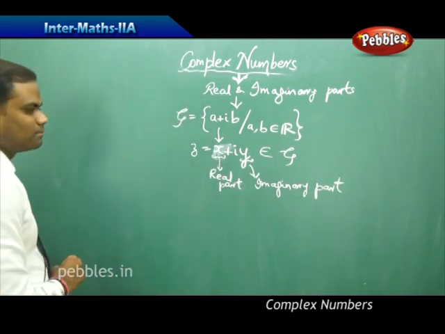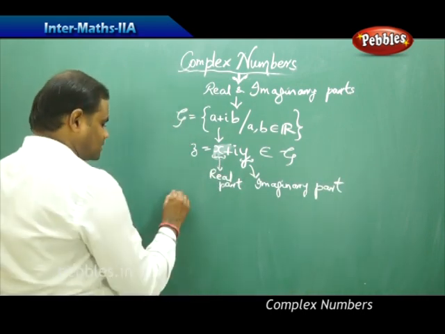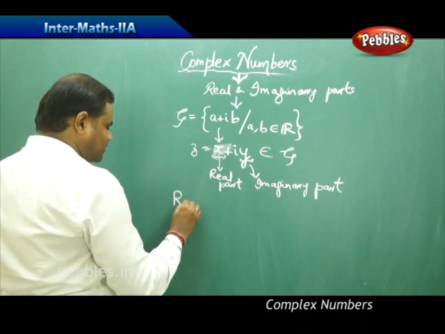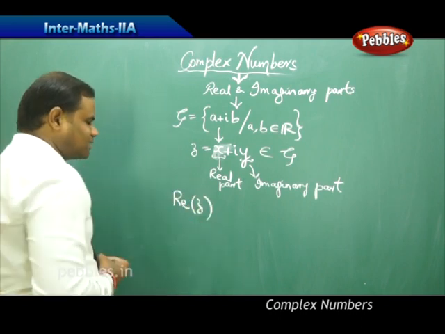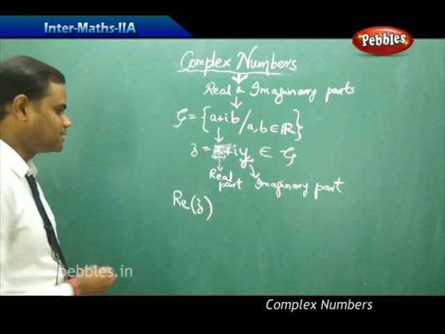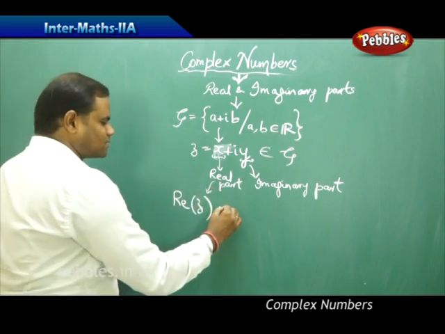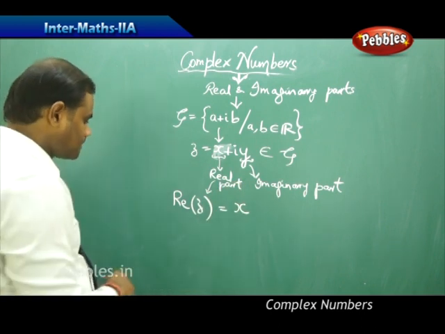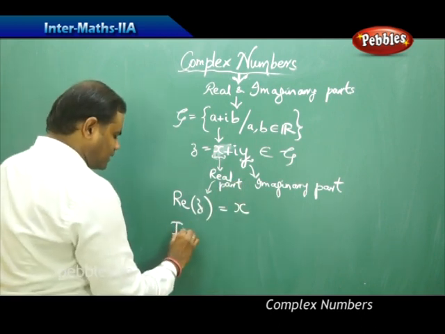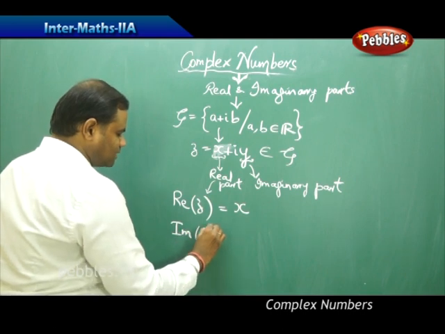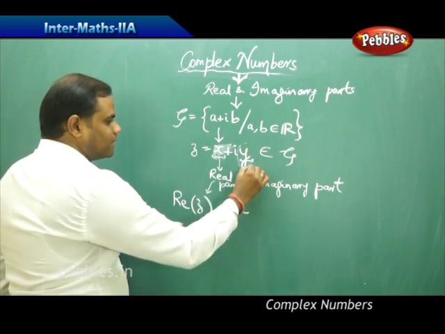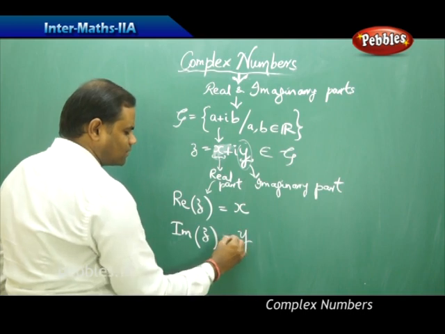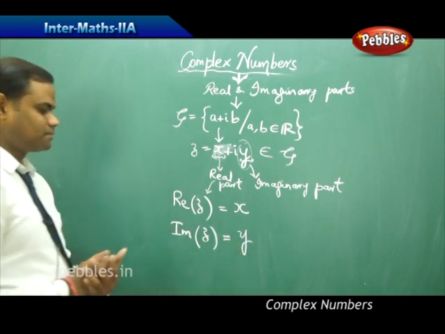Therefore, every complex number x plus iy has real part which I denote with Re of z. That is, when I say Re of z, it indicates the real part, and this is nothing but x in case of this problem. And the imaginary part I denote with Im of z, which is nothing but y, is how I denote this.